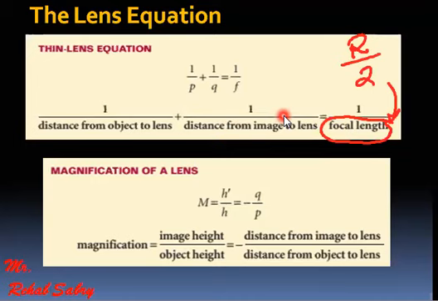What is R? R is the radius of curvature of the surface of the lens. Because it has two surfaces, it has two R's. The magnification of the lens is h'/h, where h' is the image height and h is the object height, or -Q/P, Q the distance from the image to the lens, P the distance from the object to the lens, as we explained in mirrors.